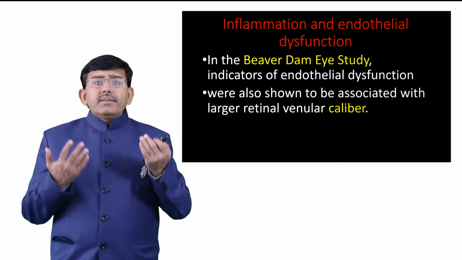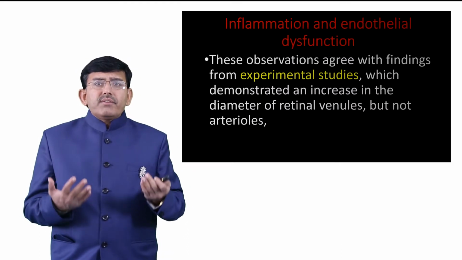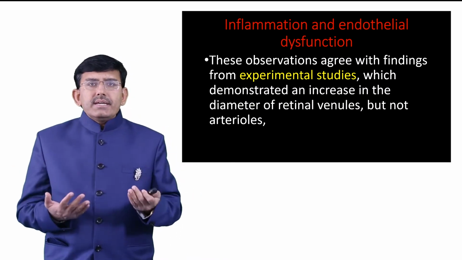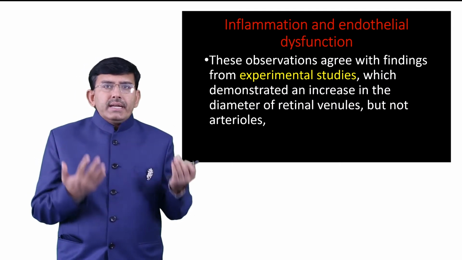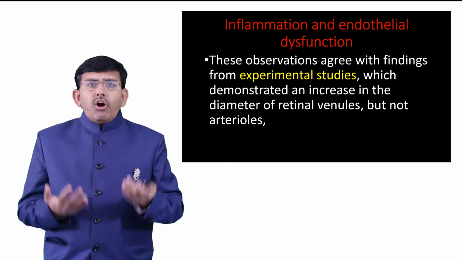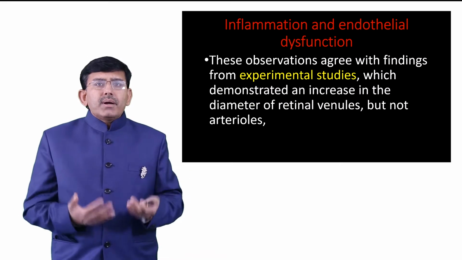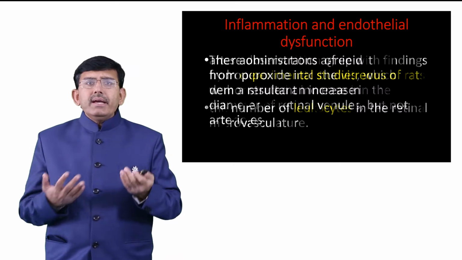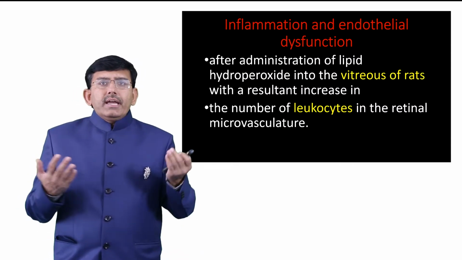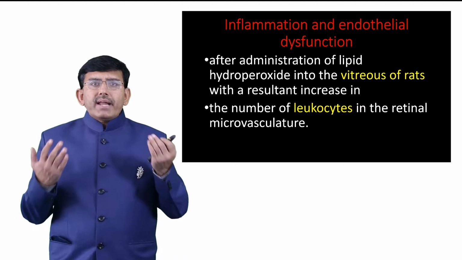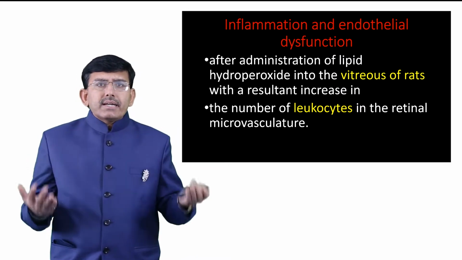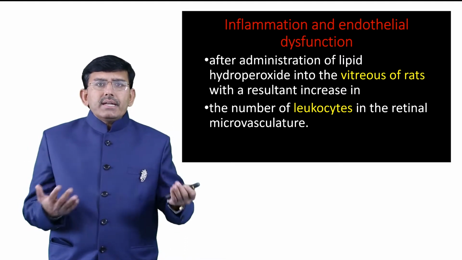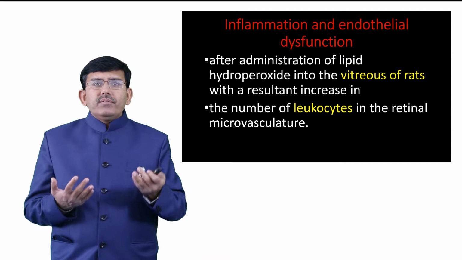These observations agree with findings from experimental studies which demonstrated an increase in diameter of retinal venules but not arterioles after administration of lipid hydroperoxide into the vitreous of rats, with a resultant increase in the number of leukocytes in the retinal microvasculature.